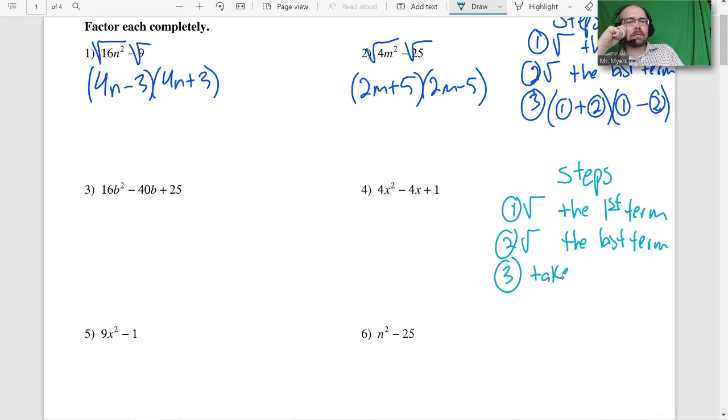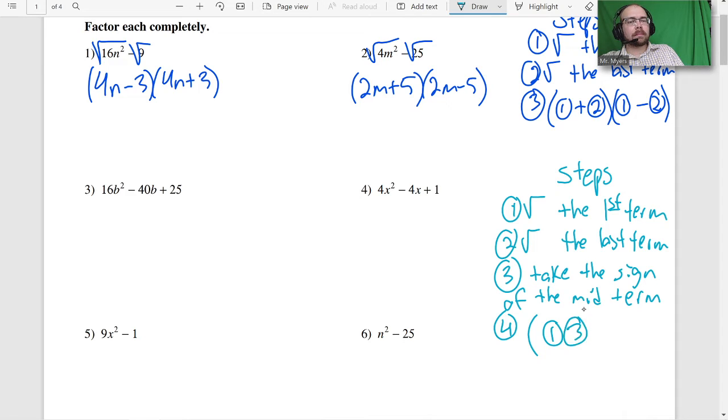Take the sign of the middle term. So here we have a middle term. So we need to take that and put it all together. So then we go the first term, the sign of the middle term, and then the last term. All quantity squared. So what does that look like?